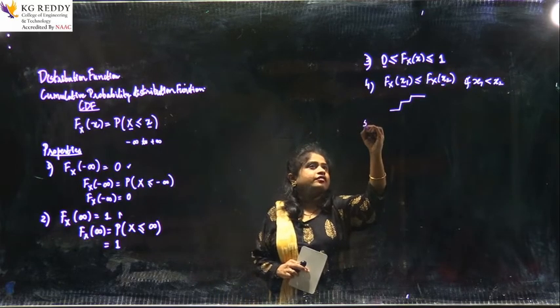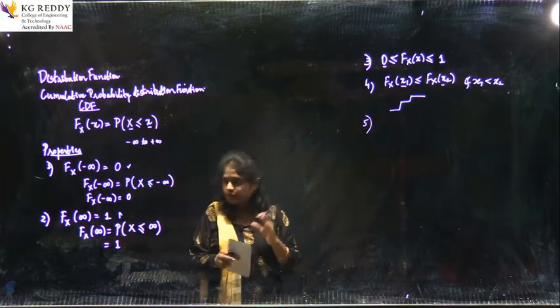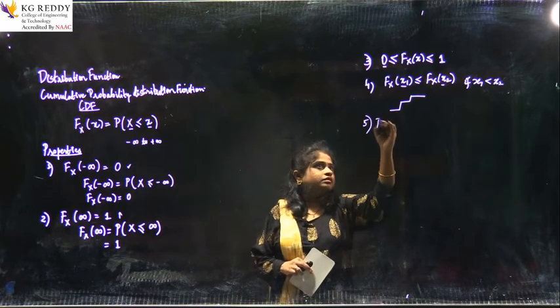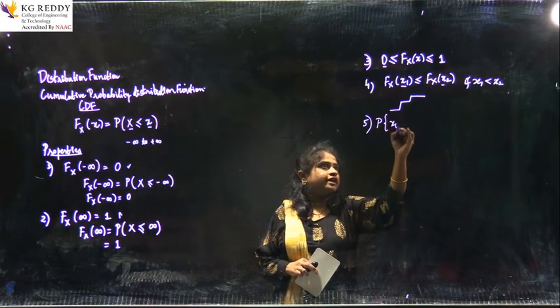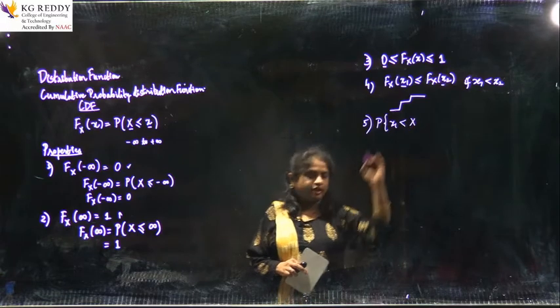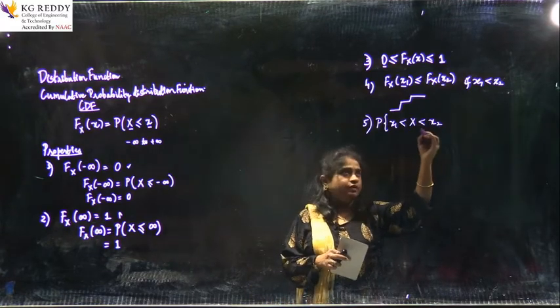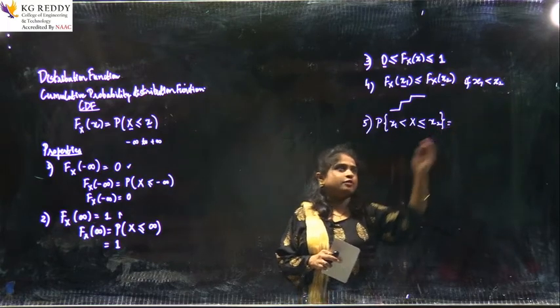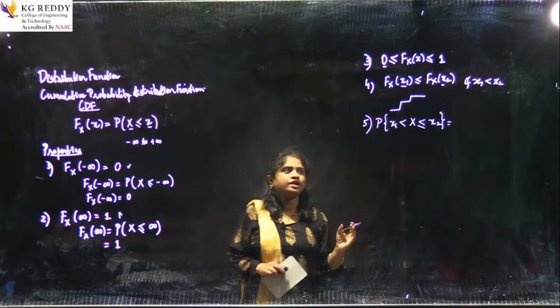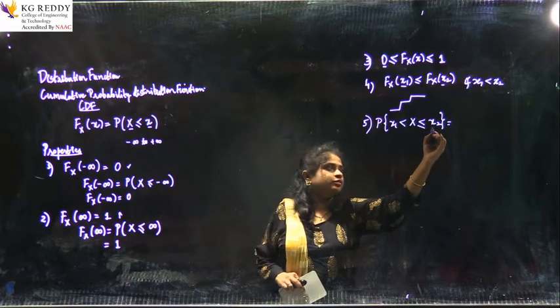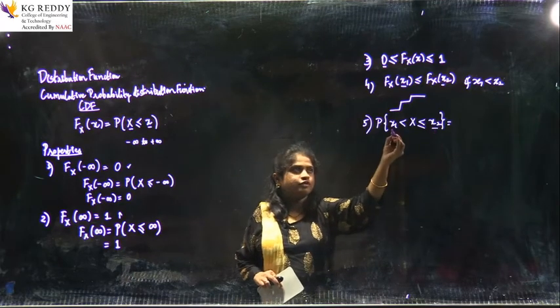Next, whenever we want to calculate the probability value, probability of x1 less than x less than or equal to x2, we can subtract the cumulative distribution function of x1 from that of x2.